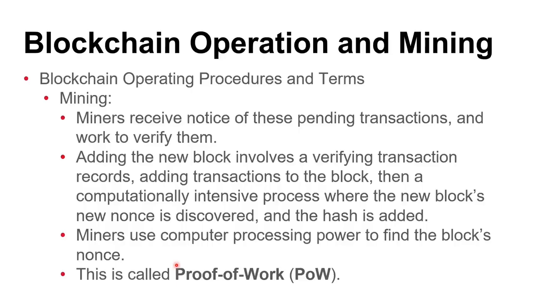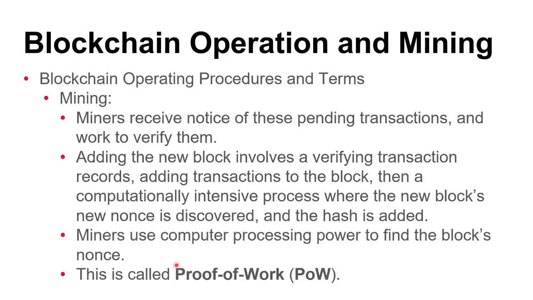So verifying the transactions is essentially the work done to add a new block. The miners verify the records, they add transactions to the block, and then as soon as all of the transactions are added, they begin to look for the new nonce for this new block.